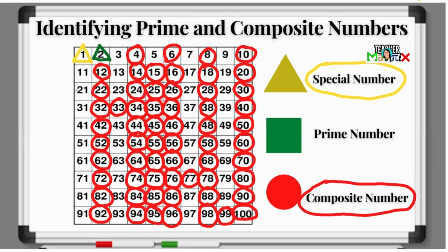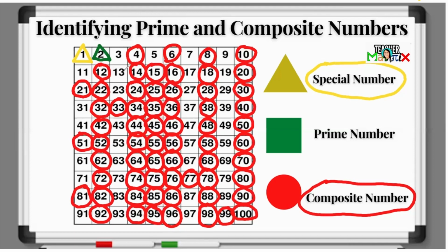Let's encircle. 31, 3 plus 1 is 4, no. 41, 4 plus 1, it's 5, no. 51, 5 plus 1 equals 6, and 6 is divisible by 3. That means this is composite. 61, 6 plus 1, 7, it's not. 71, no. 81, 8 plus 1 is 9, and 9 is divisible by 3. That means it is composite. 91, 9 plus 1, it's 10. Okay, it's not. How about 13?